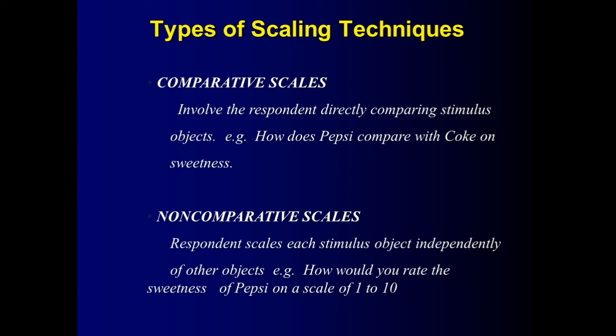That's the way we can explain. Similarly, if you want to just ask how sweet is Pepsi, then that's called non-comparative. So you have to be very careful when you're designing your questionnaire. Each question has to be carefully thought over.